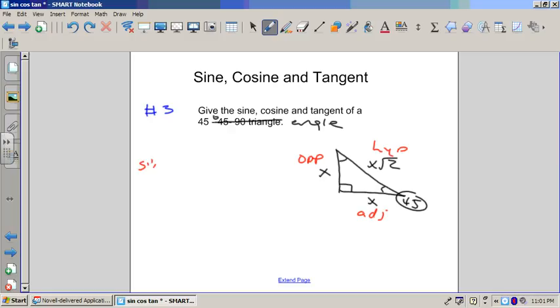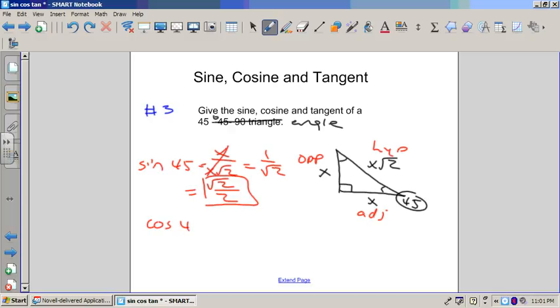The sine of 45 degrees is going to be equal to the opposite over the hypotenuse, which is x over x root 2. The x's cancel out. I get 1 over the square root of 2. Multiplying the numerator and the denominator by the square root of 2, I get the sine of 45 degrees is the square root of 2 over 2.